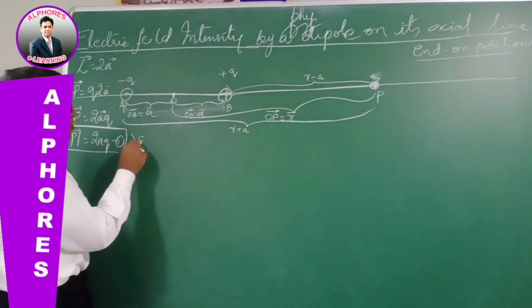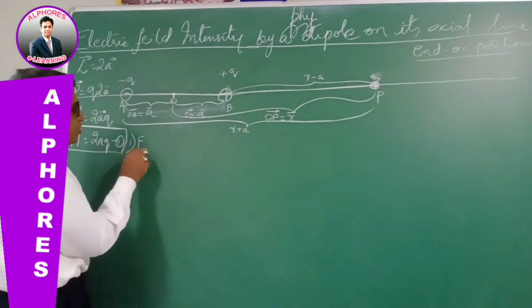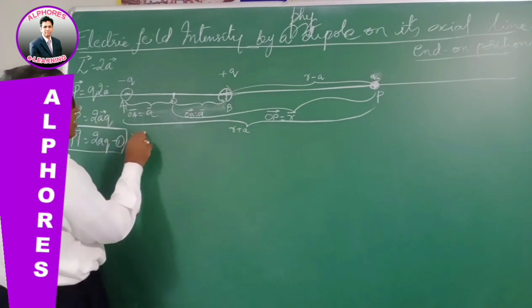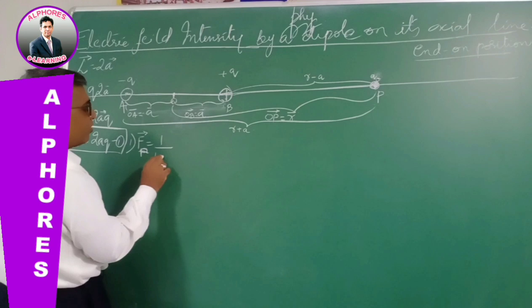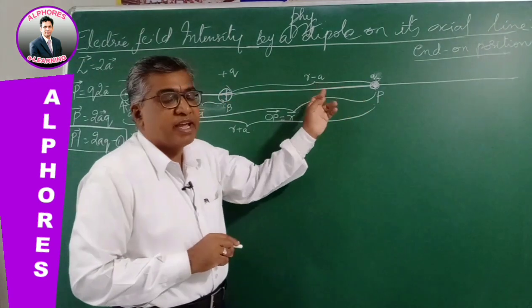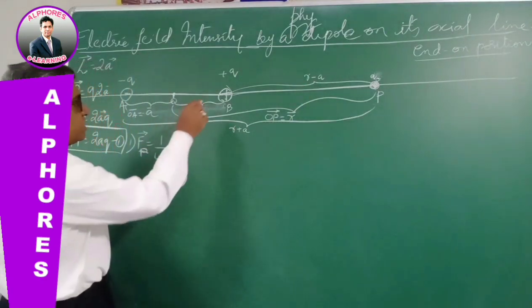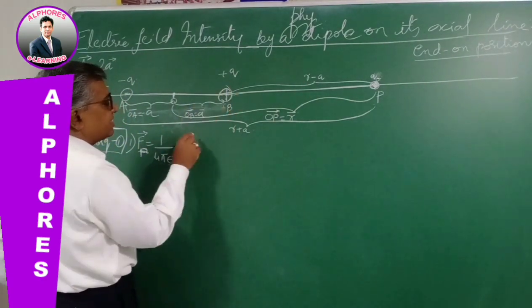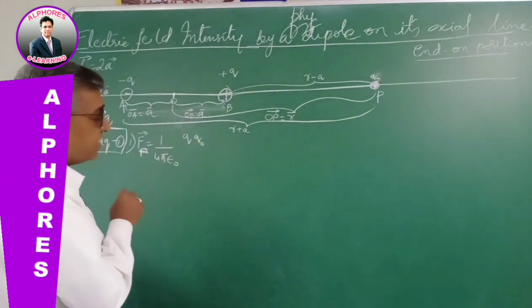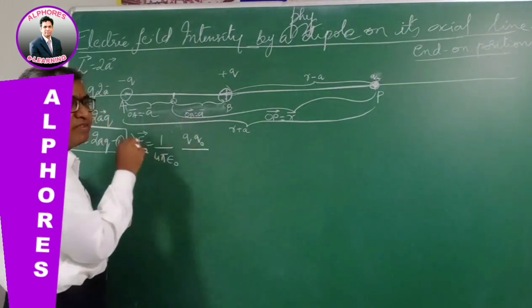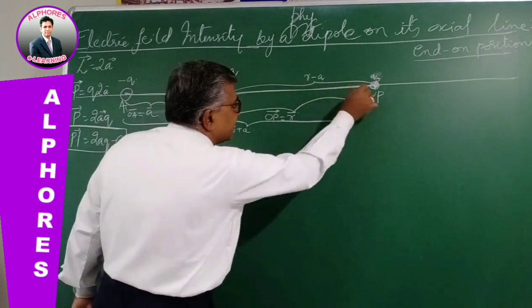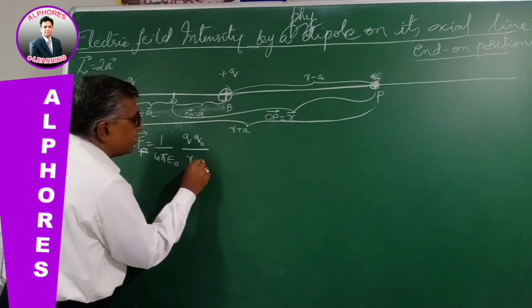Fp is, according to Coulomb's law, 1 by 4 pi epsilon naught, Q1 Q2 by r square. The charge of the dipole is Q, and the test charge we have imagined as Q0, later divided by Q0 for electric field intensity. The distance between them from the positive charge is r minus a, so it is r minus a whole square.